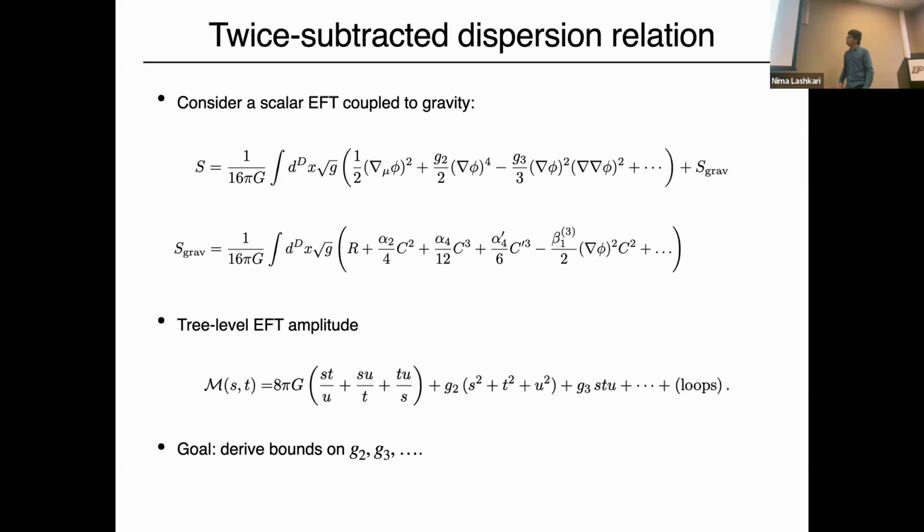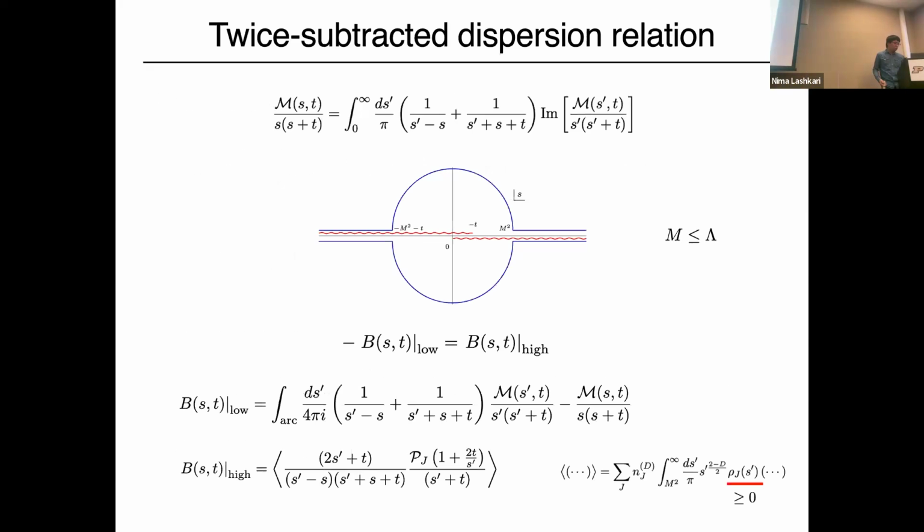Right. So we have these tree level amplitudes, and later we'll also add one loops. But our goal will be to derive bounds on these coefficients g2 and g3. Let me explain the idea of the dispersion relation.